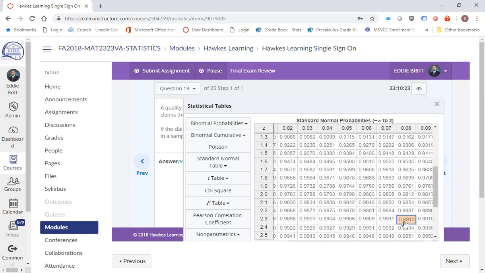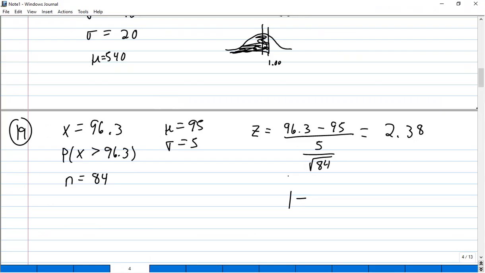All right, so we want to say 1 minus that, 0.9913. So 1 minus 0.9913, that's going to be 0.0087. Okay, so that is the probability. Not even 1%.